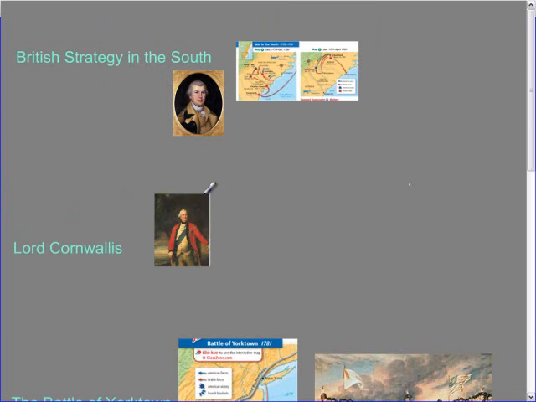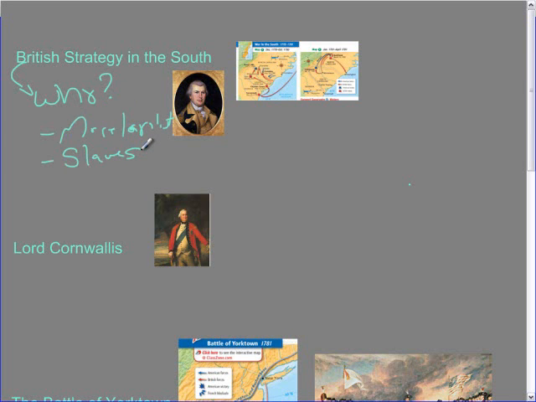When you're looking at this one on your study guide, you need to ask yourself, why did they do this? They did this for a few reasons. They thought that there would be more loyalists, and they thought that slaves would help them in fighting.